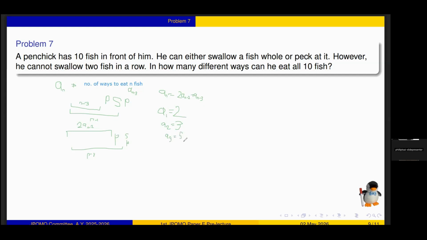You can do this with casework. And then A sub 4 is equal to, we must substitute A sub 2 and A sub 1 into this, which is 2 times A sub 2, which is 6, plus 2, equal to 8.